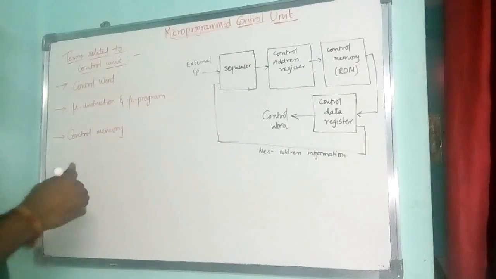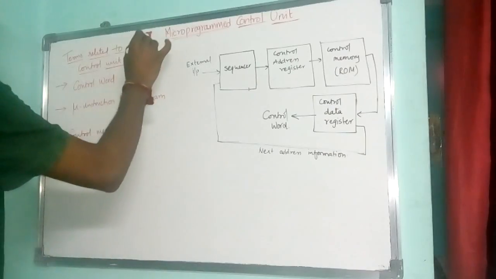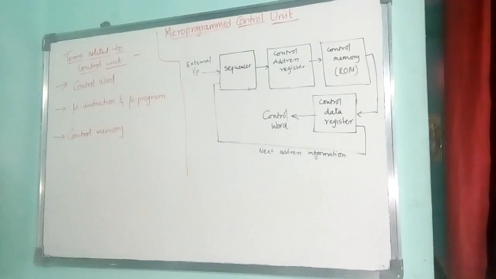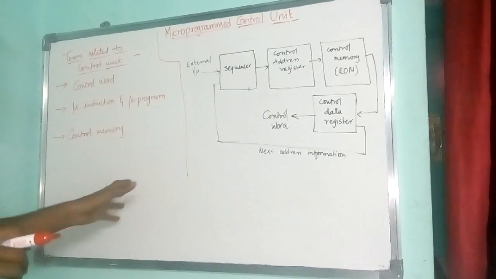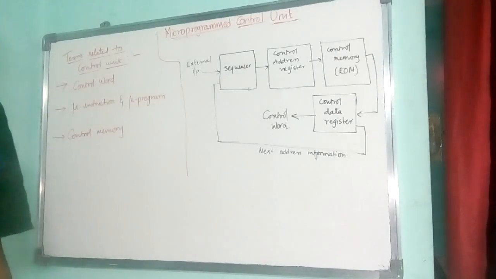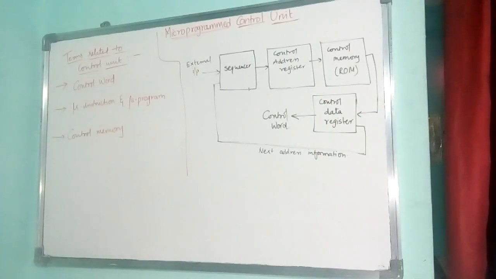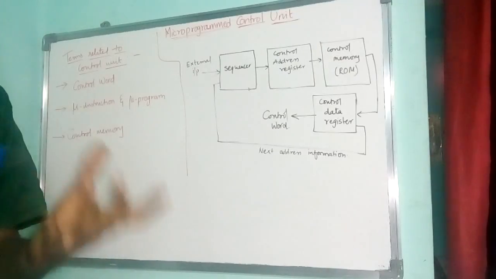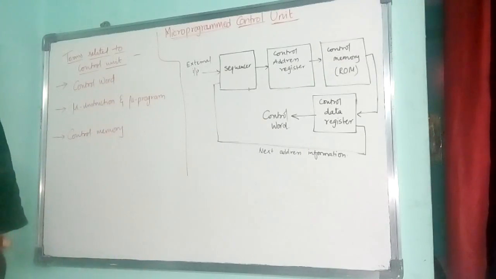These are the terms required before going to the general configuration. First is the control word. What is a control word? A control word is a set of control variables at any given time, which can be expressed in terms of zeros and ones.